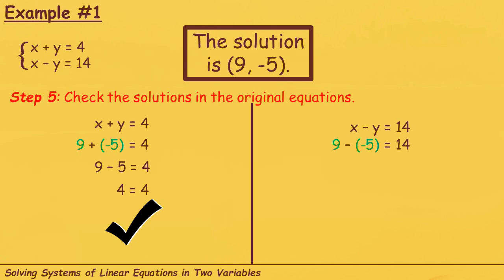So, magiging 9 minus negative 5 is equal to 14. Kung mapapansin natin, minus negative 5, so that will be 9 plus 5 because negative times negative will be positive. So, 9 plus 5 is equal to 14. 14 is equal to 14. Pag sa dulo ay nag-equal pa rin sila, meaning to say, our solution is correct. So therefore, the solution is 9, negative 5.